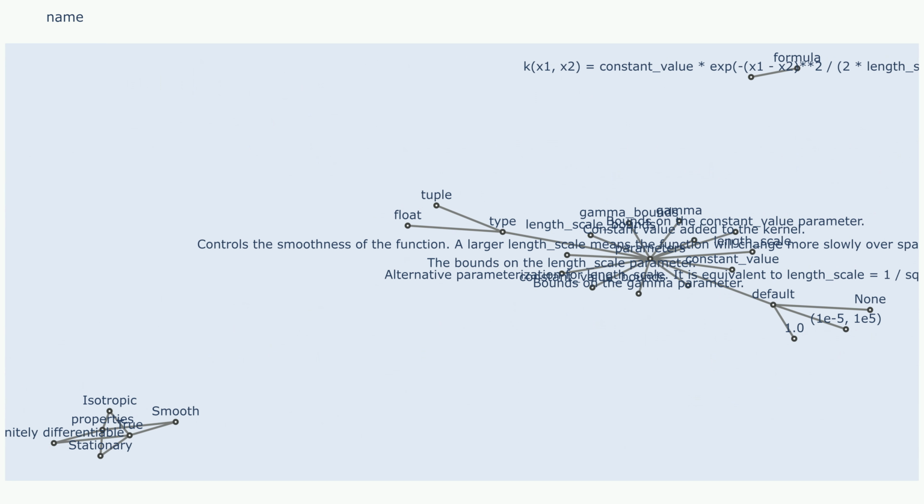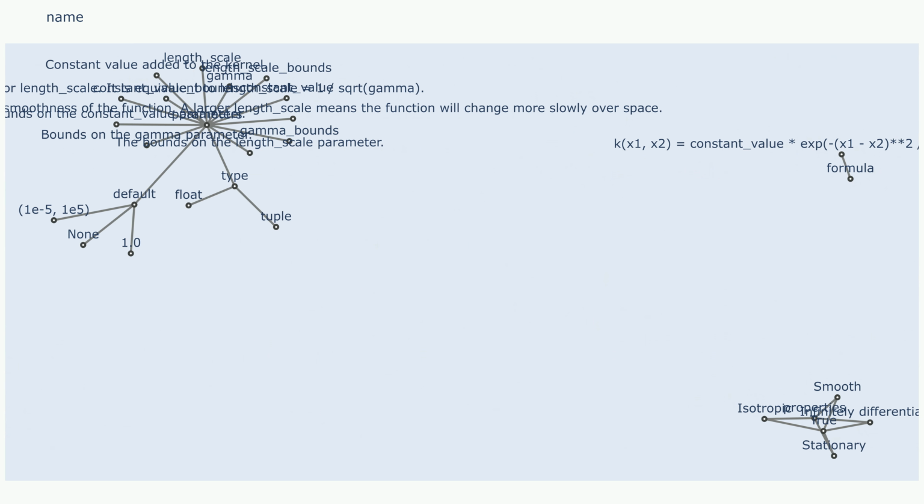Key parameters in sklearn.gaussian_process.kernels.RBF. Let's analyze the essential parameters in the RBF kernel class in scikit-learn. 1. length_scale. Type: float or array-like. Default: 1.0. Description: this hyperparameter controls the smoothness of the resulting function.